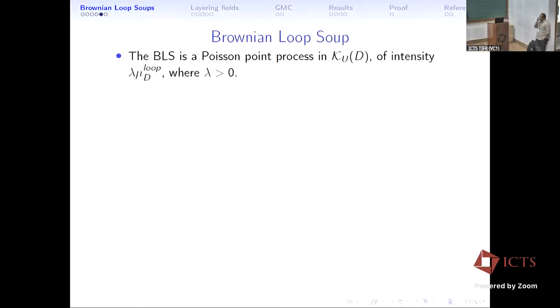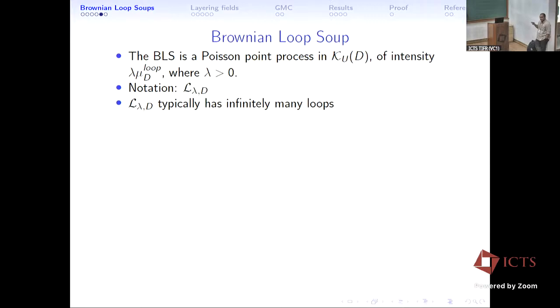The Brownian loop soup is a Poisson point process of unrooted loops of intensity lambda times the Brownian loop measure mu_D, with a positive lambda. I'm going to denote a Brownian loop soup with L_lambda(D). Because the intensity is an infinite measure with infinite mass, L_lambda will also have infinitely many loops.